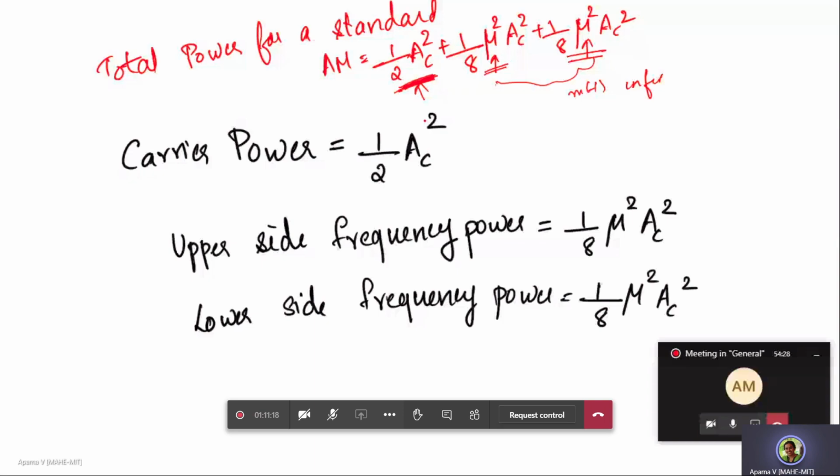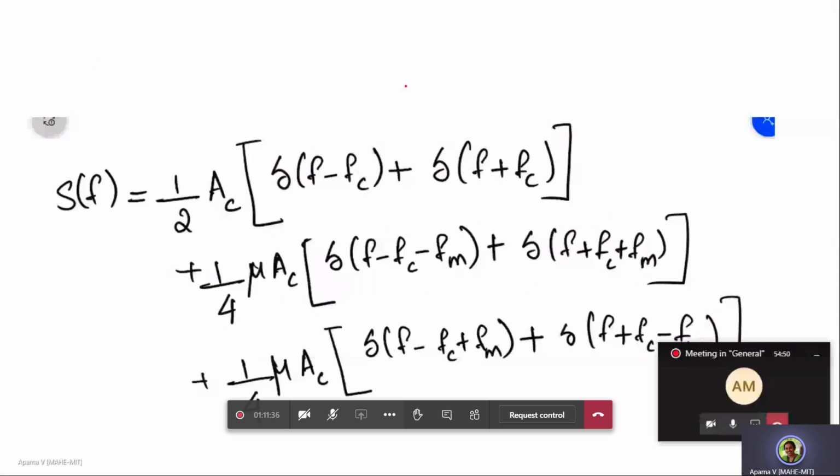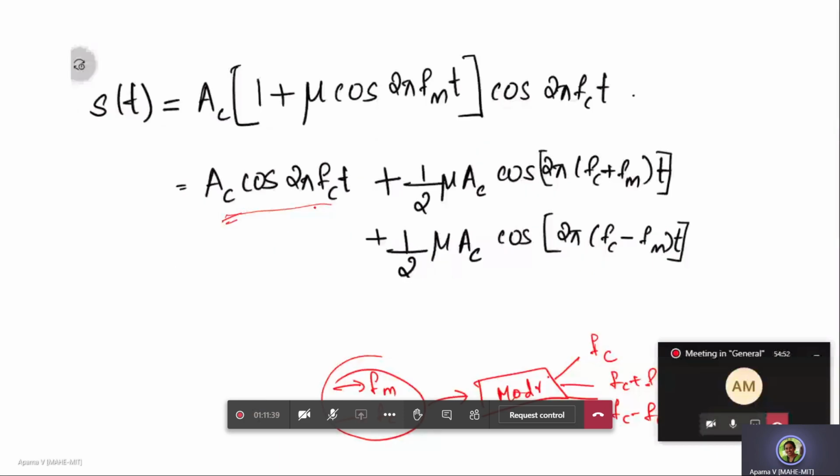Our information is contained in these sidebands, just these two bands. Transmitting either one or both, we can get the message signal, but here we are unnecessarily sending the carrier also. If we are able to remove this part from the expression for AM, transmitting our modulated signal, we can save some power compared to the standard AM.